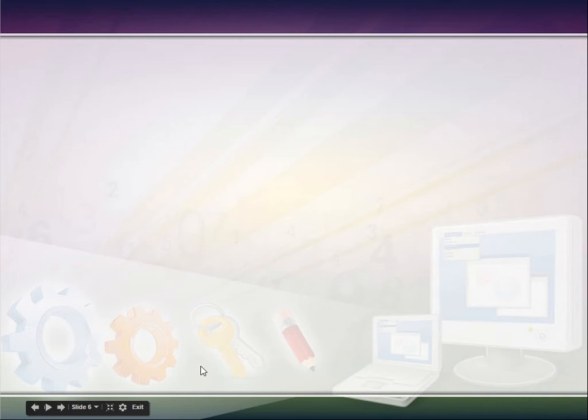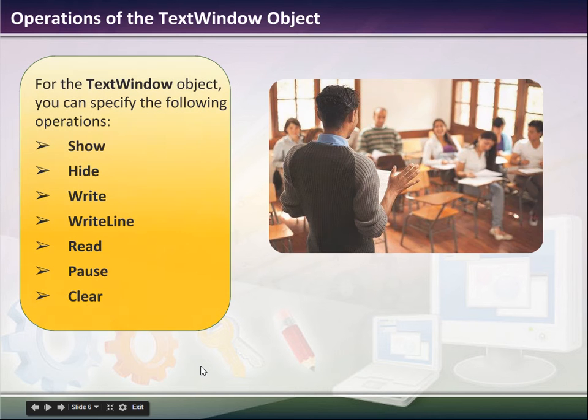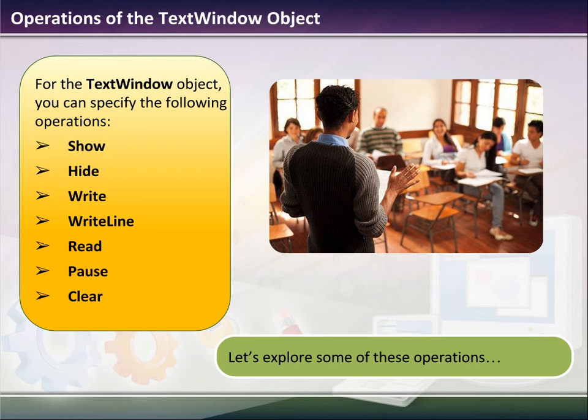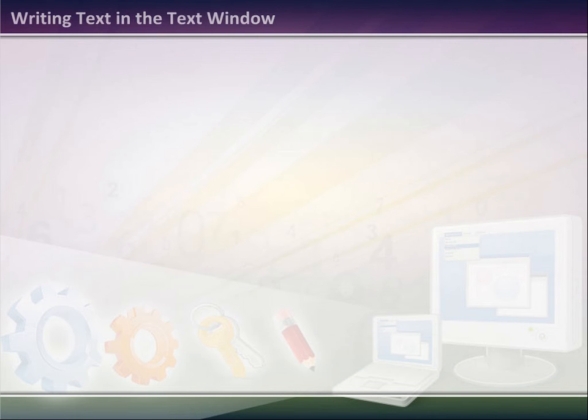Okay. So there are several operations within the text window object that you can use. You can show, you can hide, you can write, you can write a line, you can read, you can pause, and you can clear. Let's look at some of these.